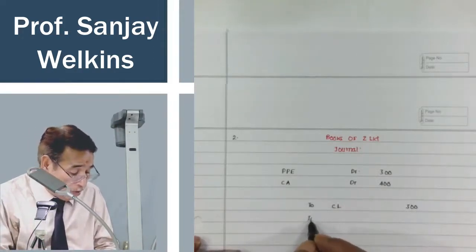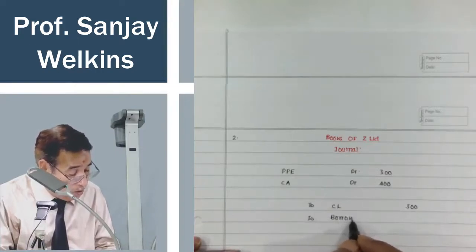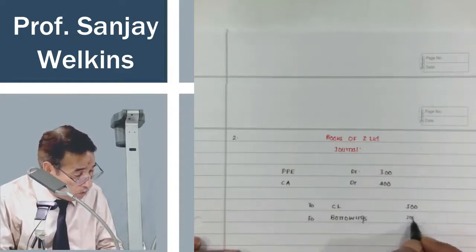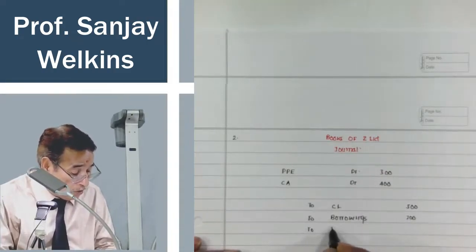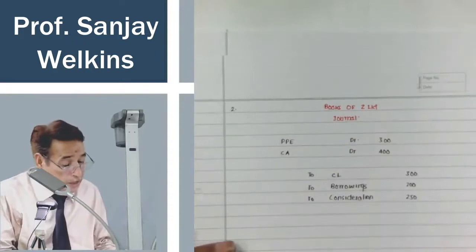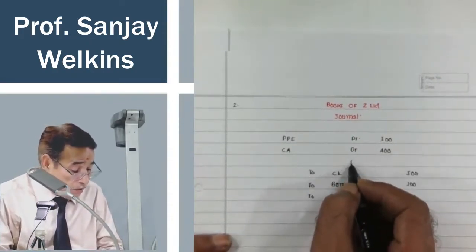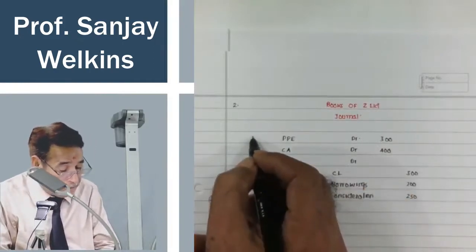Then borrowings of division Y is equal to 200. To consideration, division X will make a payment of 250 lakh. So that makes it 750 minus 700. So it is a loss.